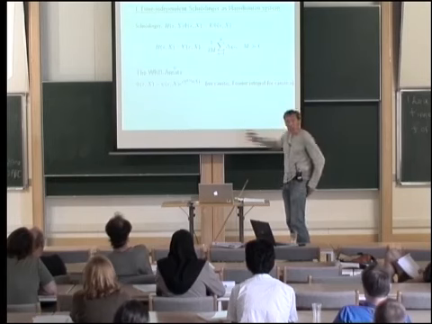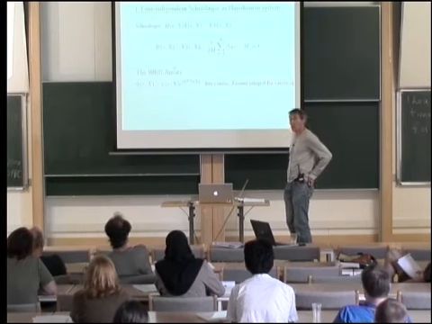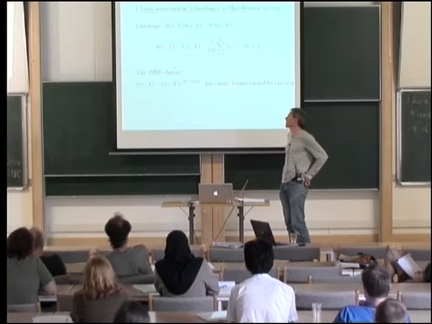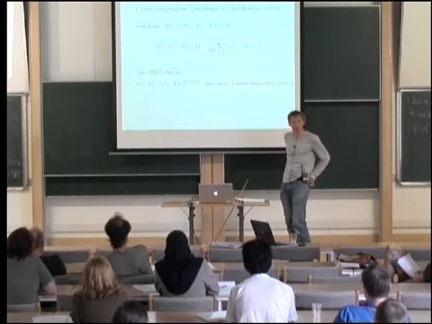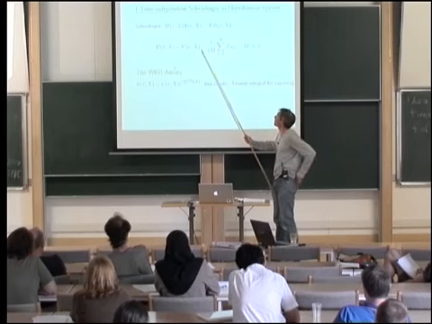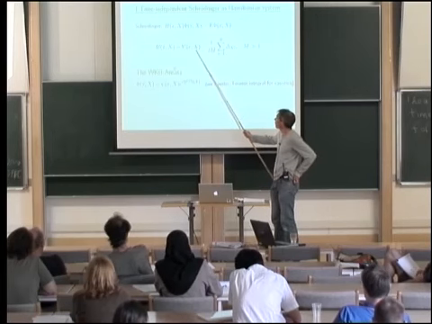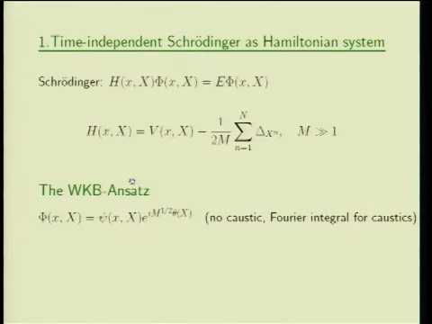Here is the Schrödinger equation. It is a fantastic equation because everything is known, nothing unknown. Here we have the kinetic energy of the nuclei, then the kinetic energy of the electrons, and the Coulomb interaction between nuclei and electrons. So everything is known here.